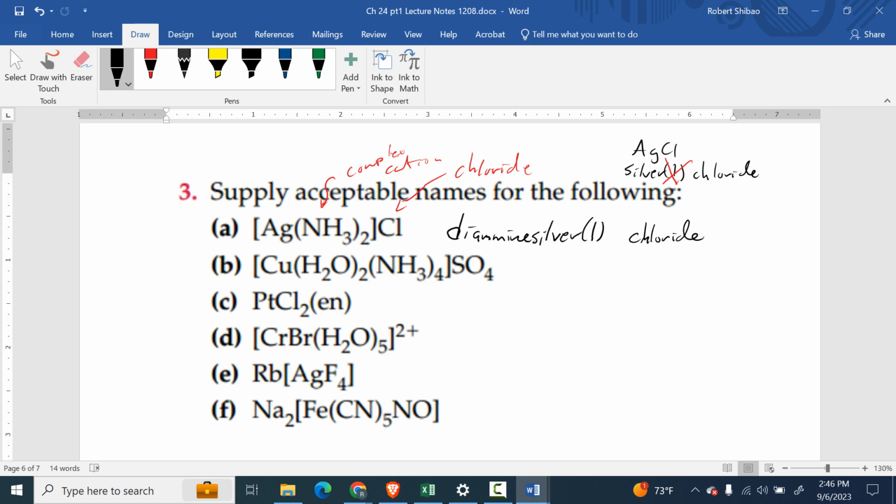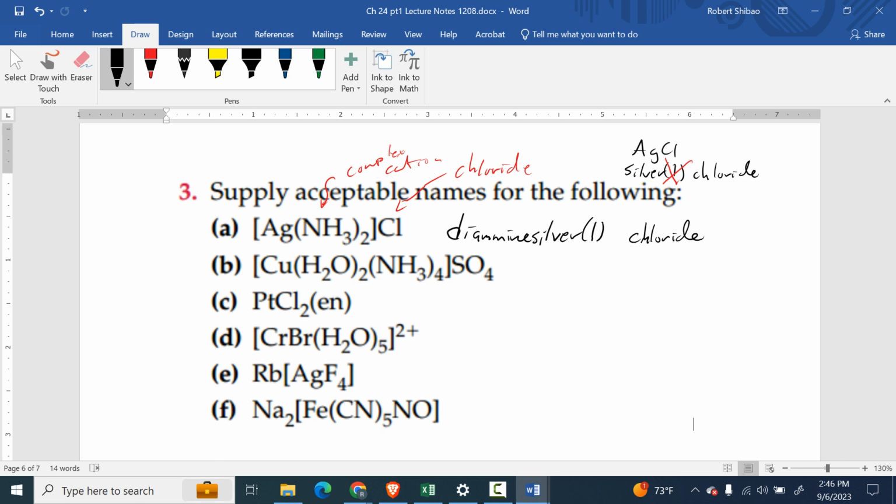So you want them to walk like the square brackets first. Yeah. We name the cation first. Okay. If the square brackets come last, we'll do the cations first. So in E, the square brackets come in last, so we'll do the cation first, which is this rubidium there. Okay, this is a complex cation. This is normal anion.